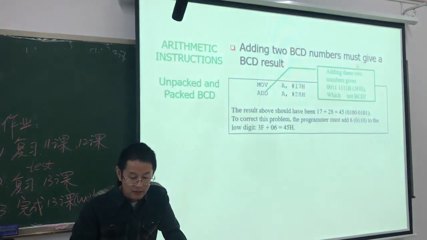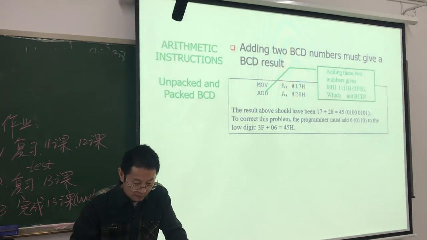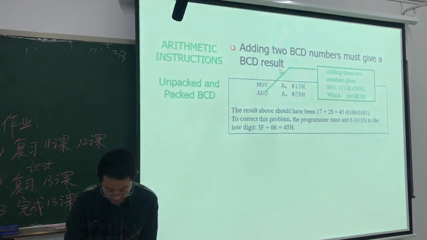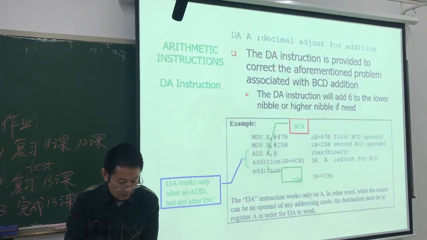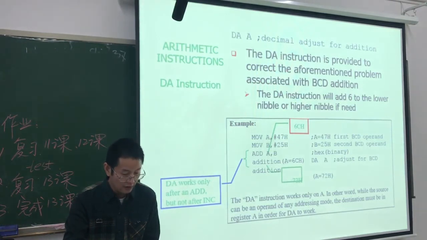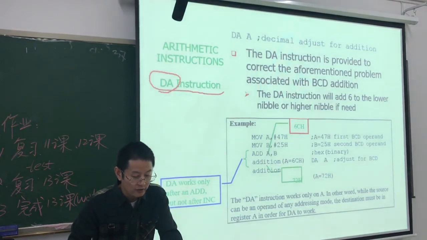Adding 2 BCD numbers must give a BCD result. If you use BCD, you get the BCD result. If you want to get the BCD result, you need the DA instruction.